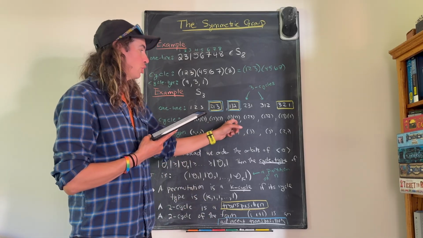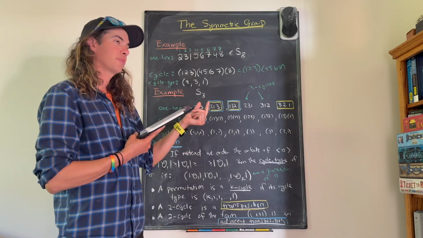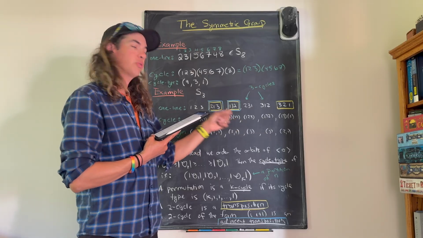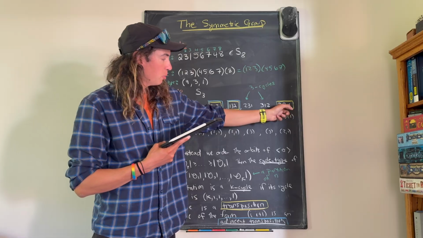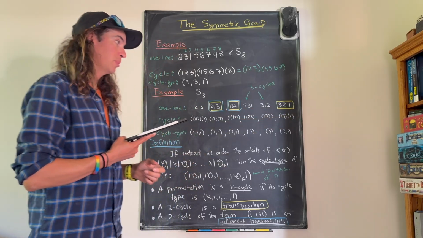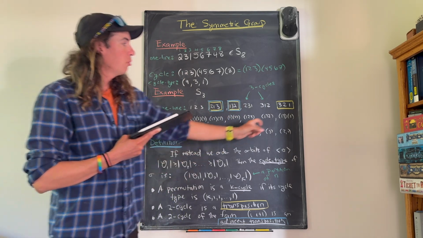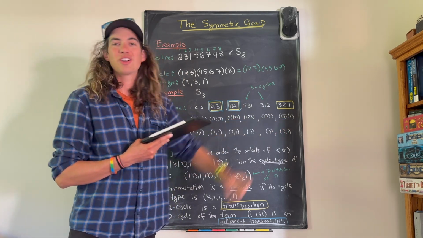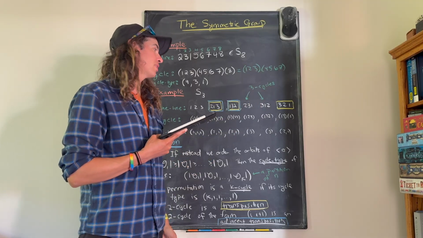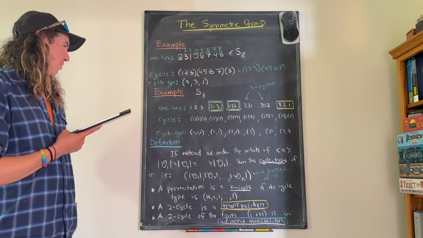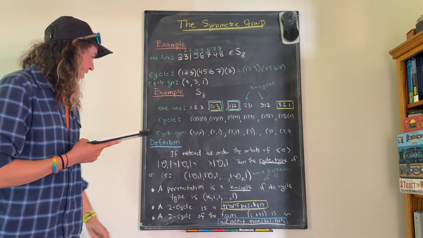But these are actually adjacent transpositions, because this swaps 1 and 2, and 1 and 2 are next to each other, and this swaps 2 and 3, and 2 and 3 are next to each other. 3, 2, 1, this permutation is also a transposition. It swaps 1 and 3, but it's not an adjacent transposition because 1 and 3 are not next to each other in the numbers 1 through n. And then these two are 3-cycles, as I said previously, because they're of the form 3 and then a bunch of 1s, although there are no 1s at all. Great.